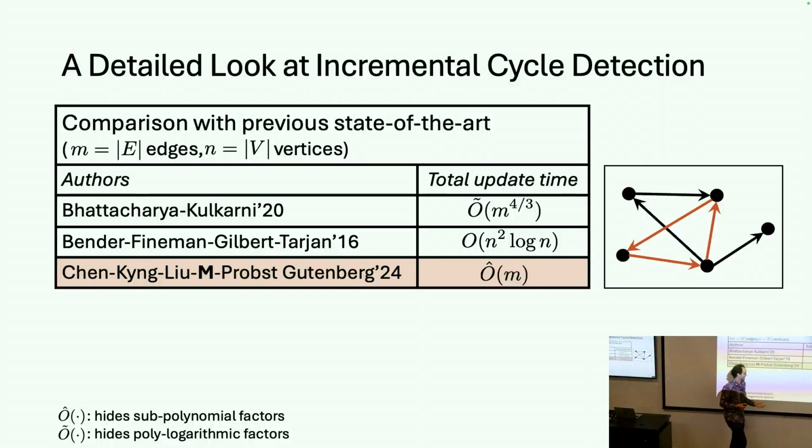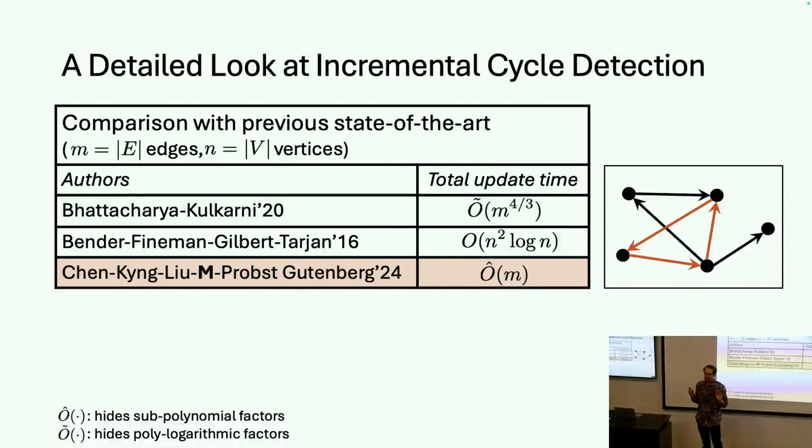And this one has a single log n. But our algorithm is essentially linear in the number of edges for any regime, so no matter whether it's n squared or order m.